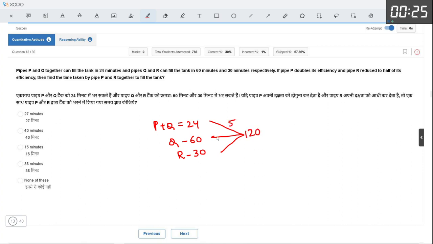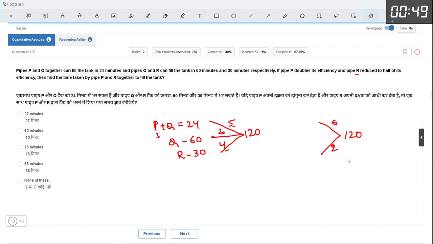The efficiency is 5, 2. This efficiency is 4. What is it telling? If the efficiency of P is doubled, what is P's efficiency here? Q efficiency is 2, so P efficiency here will be 3. If P efficiency is doubled it means 6. R efficiency is reduced to half. R efficiency is 4 but reduced to half means 2.